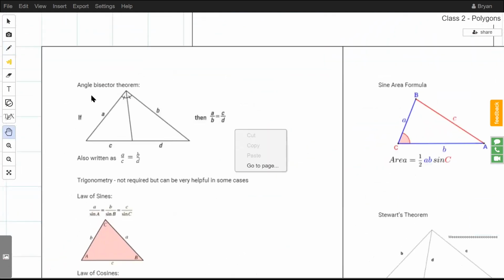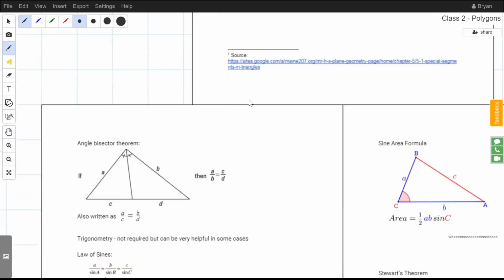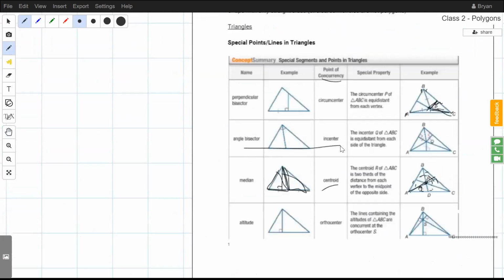Anyway, next important thing, the angle bisector theorem. The angle bisectors intersect at the incenter.